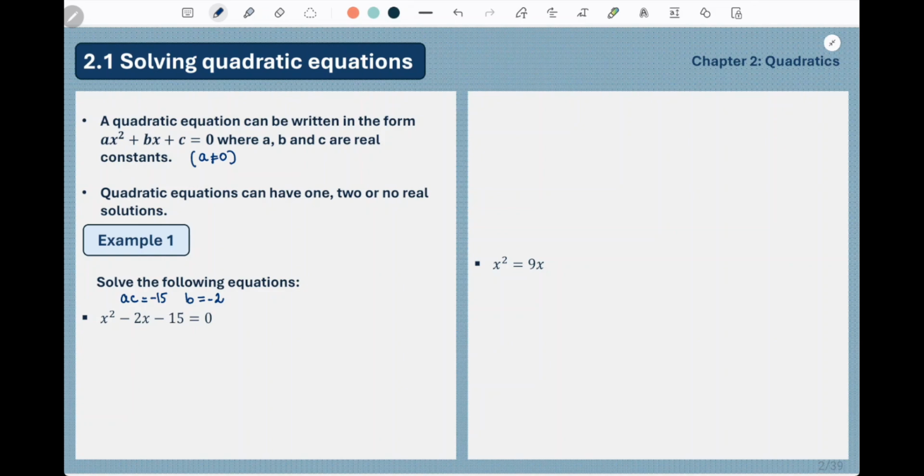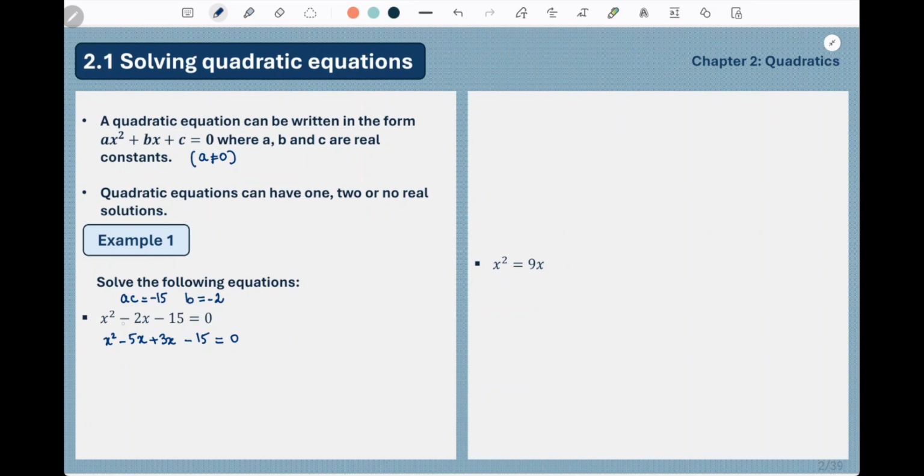In this case, it is 3 and minus 5, because 3 times minus 5 is minus 15, and 3 minus 5 is minus 2. So as you can see here, x squared minus 5x plus 3x minus 15 equals 0.